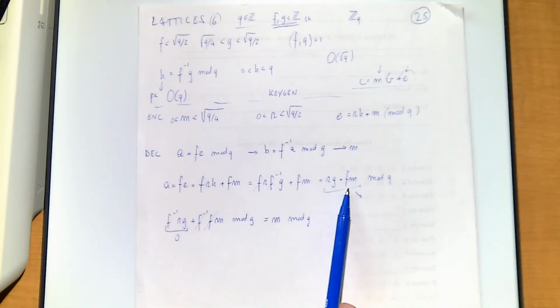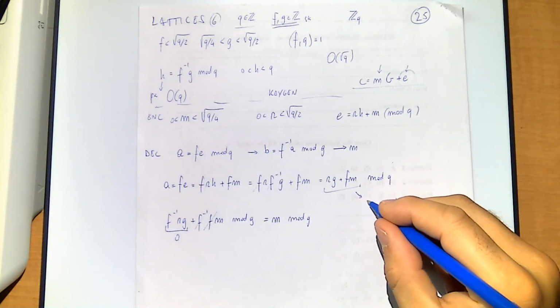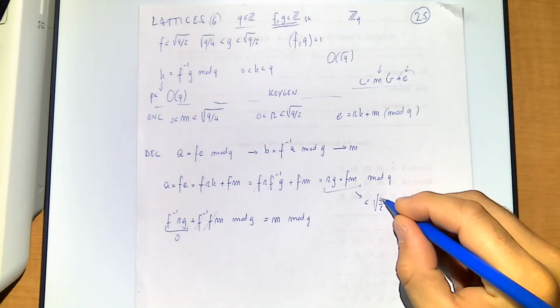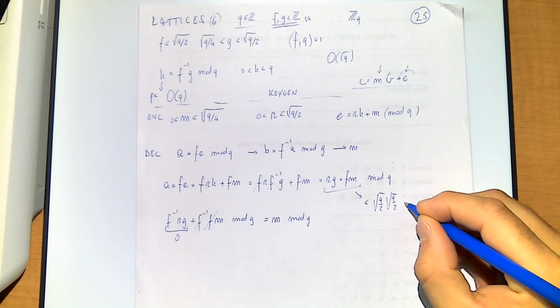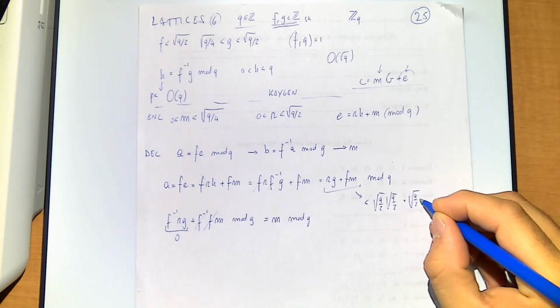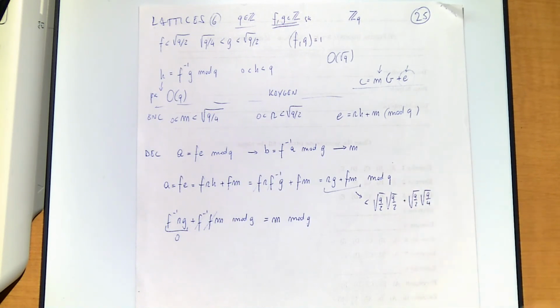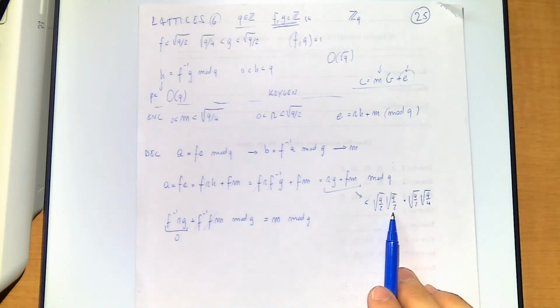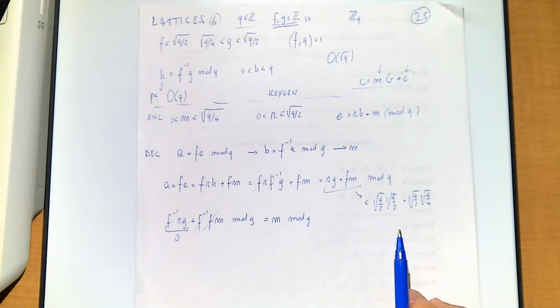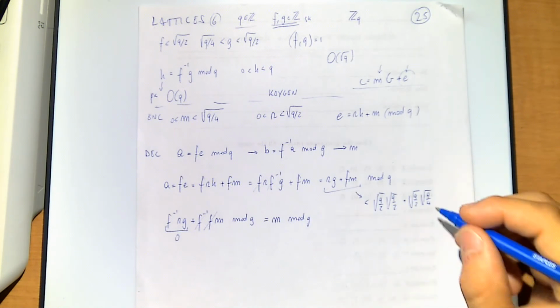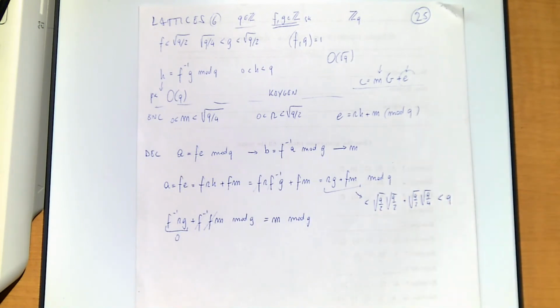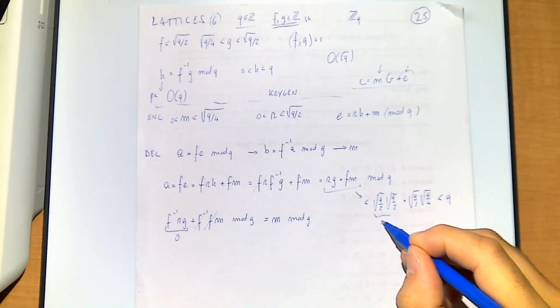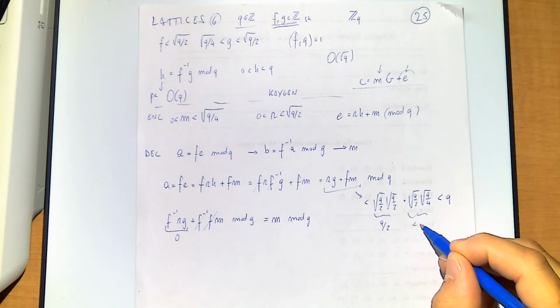And then F and M, same thing. So in the end, this is less than square root of Q over 2 times square root of Q over 2 plus square root of Q over 2 times square root of Q over 4. Now the square root times itself is the square, so it goes away. So you just get, in the end, that this is less than Q when you sum. Because this is Q over 2, and this is actually less than Q over 2.